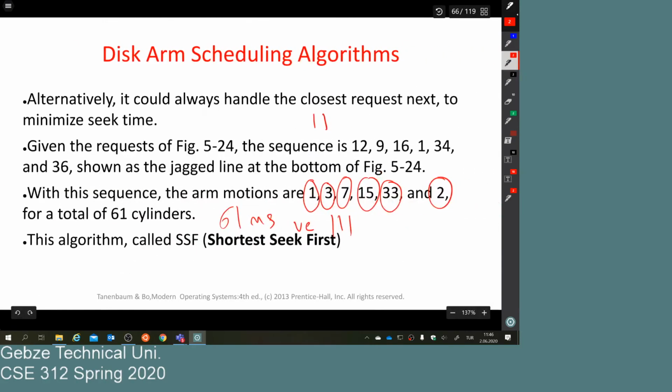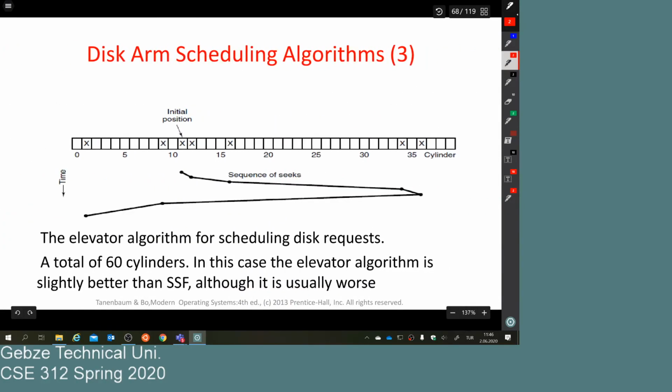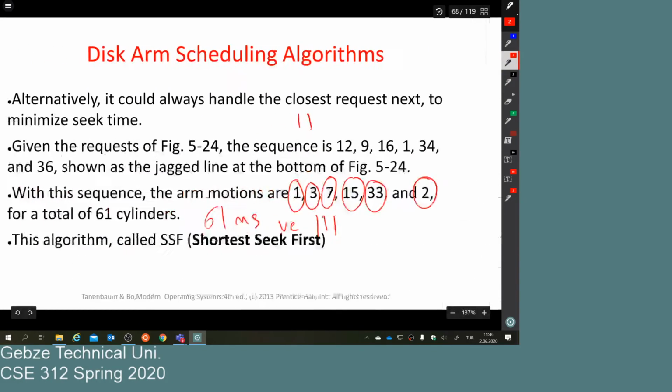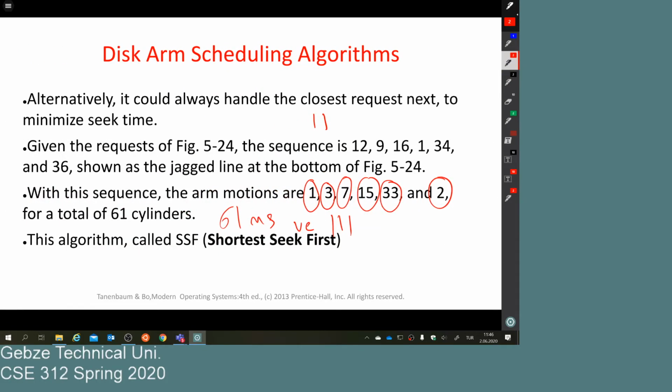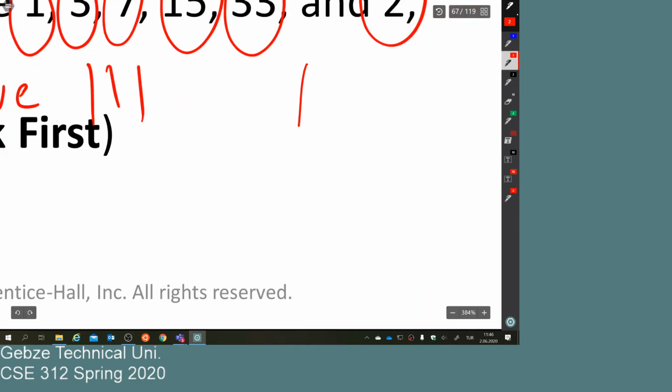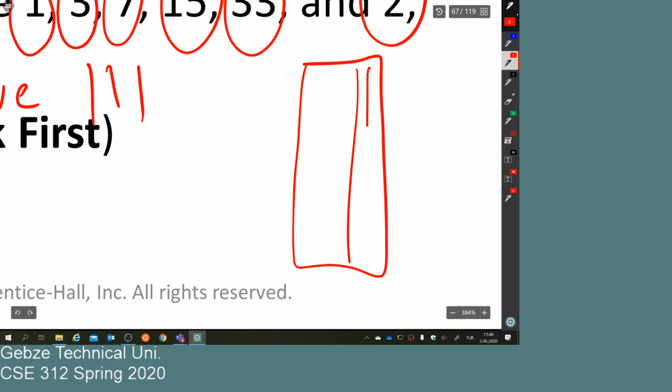Another alternative is this. We say the disk arm is like an elevator. Let's say I have a very large building with 100 levels, and there is an elevator going up and down.